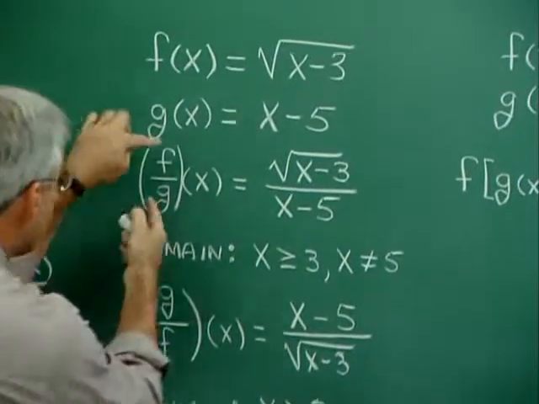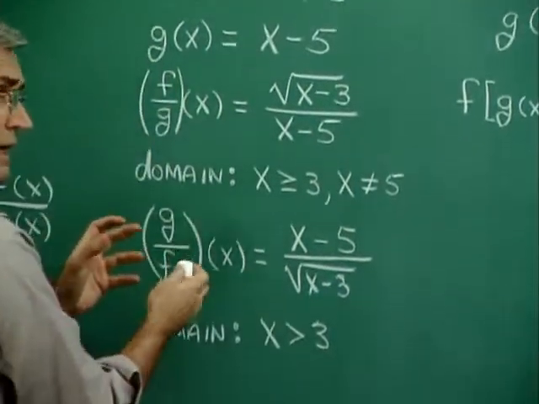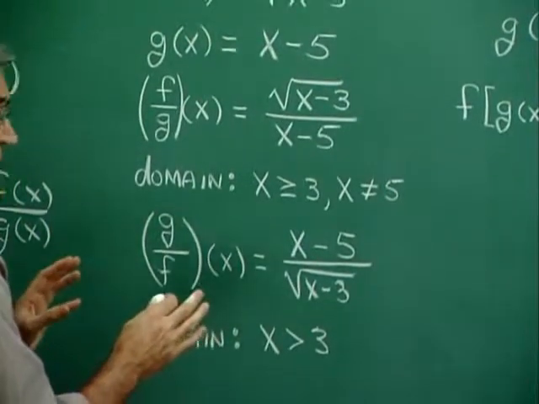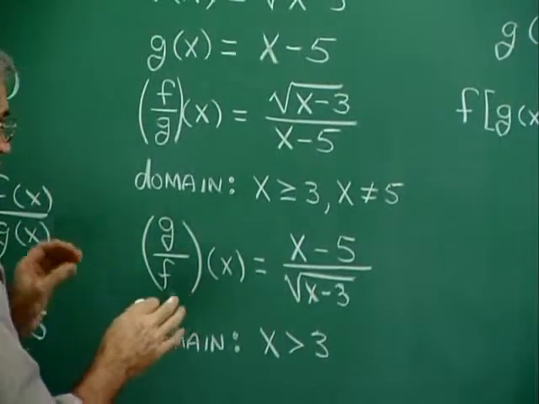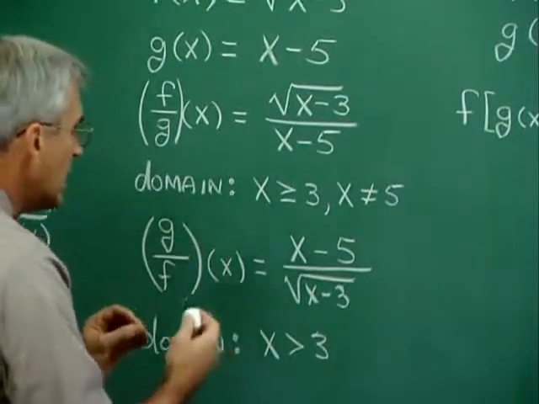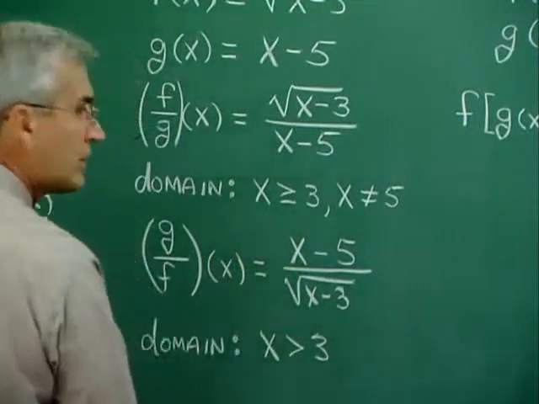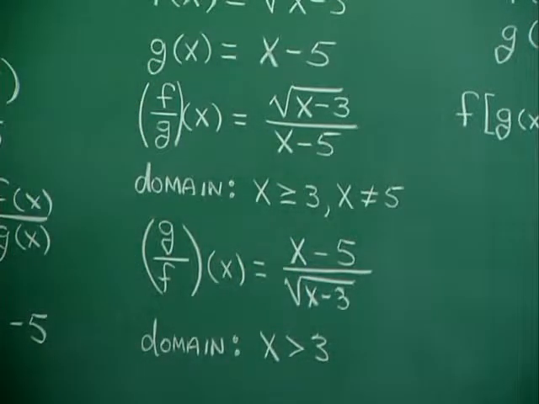Now, if we swap it around, if we just flip this over, it's a little bit different. We have to consider it somewhat differently, although it's very similar, but we just have to consider all the parts here sort of separately. G over f of x, the g function over the f function. And now think about the limitations.